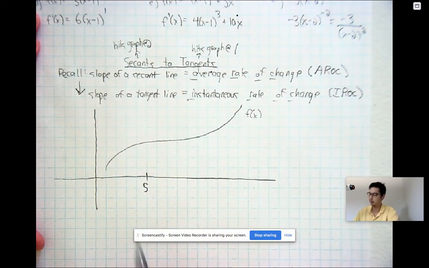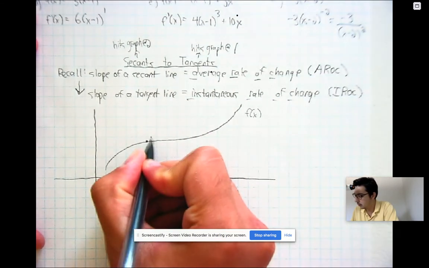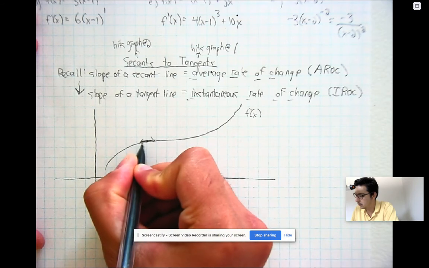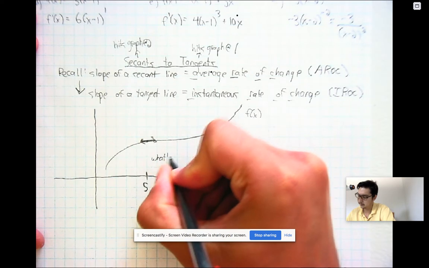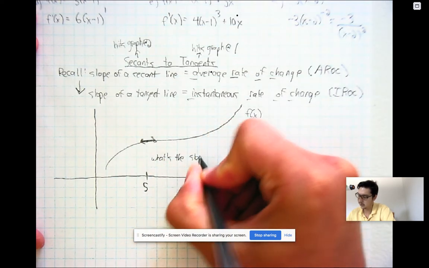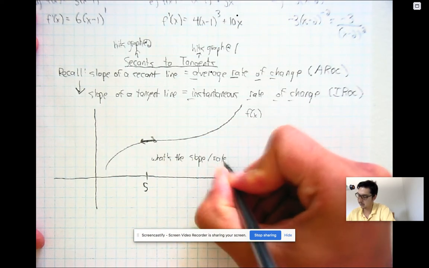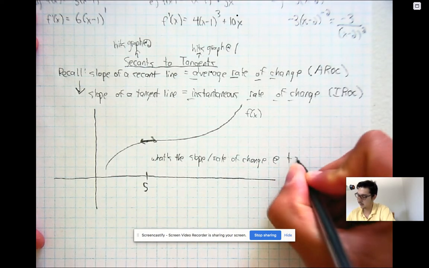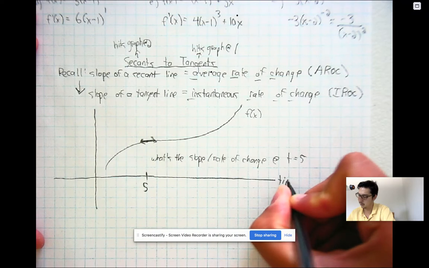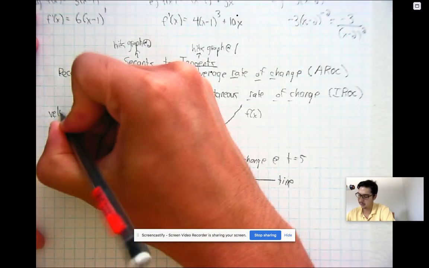Say I wanted to find what's the slope or rate of change, right? It's a better word. What's the rate of change at t equals 5, where this will be time in our problem, and say this is velocity.